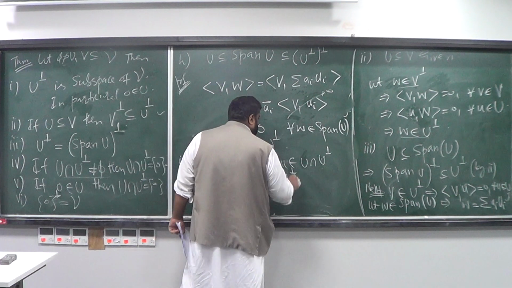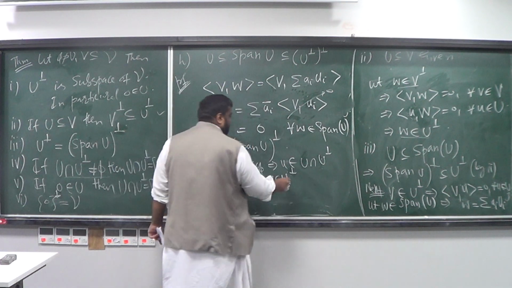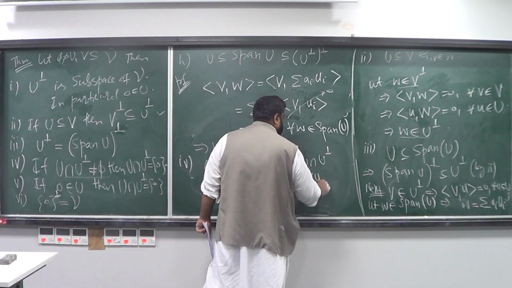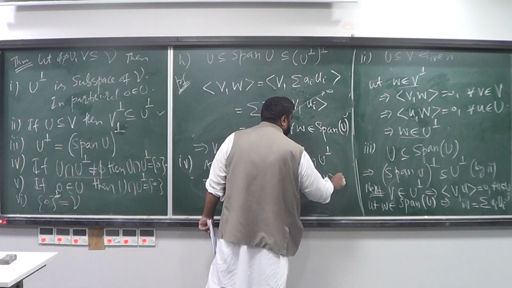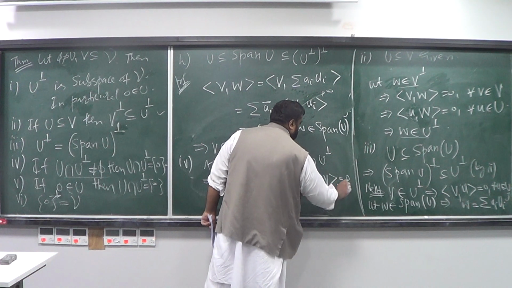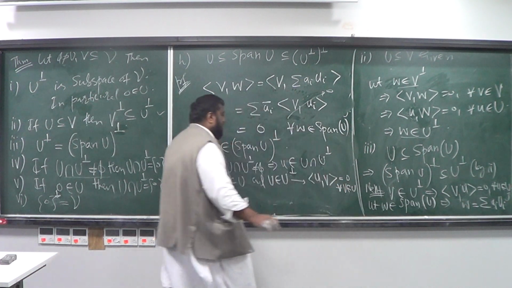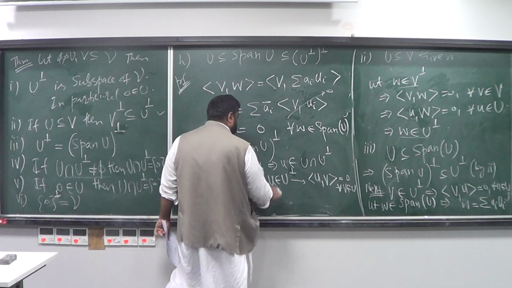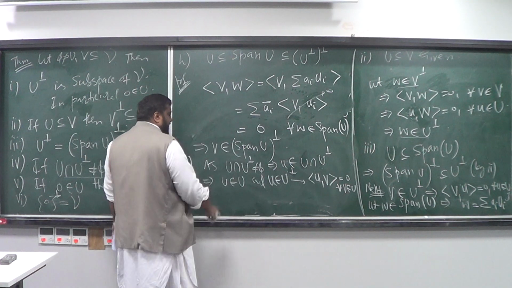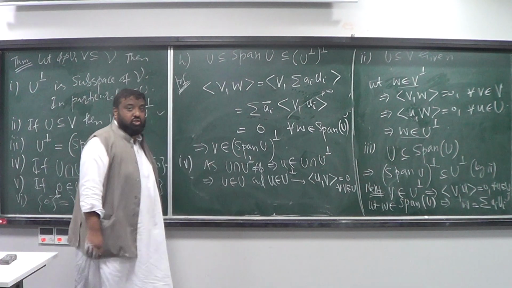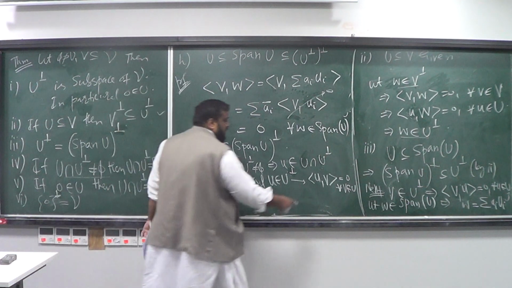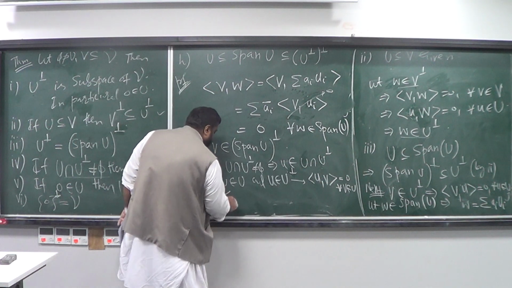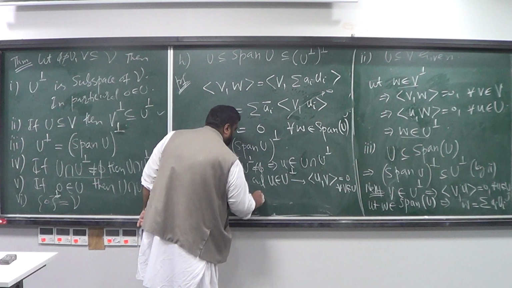But what is the meaning of u being in U perp actually? This means that u is orthogonal to every single element in U, for all v in U. Since u is in U perp, it is orthogonal to every single element in U. And I know that u is also in U. So if I take this v in particular to be u, then the inner product of u with u is also 0.